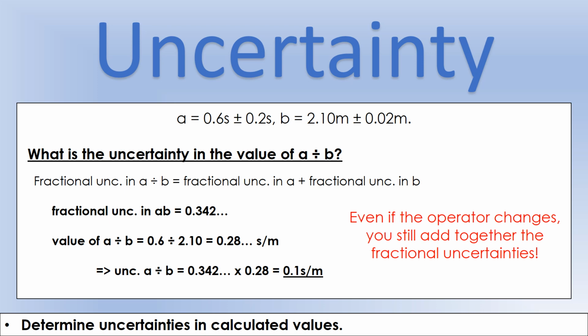So essentially, what this means is A divided by B is going to be 0.3 plus or minus 0.1 seconds per meter. Again, I've done the same thing. I've rounded the A divided by B to one decimal place because the uncertainty is in that position column there. So it could be 0.2 or it could be 0.4.